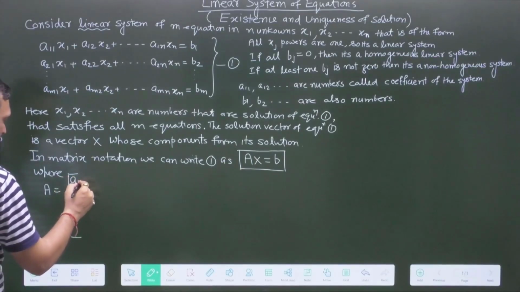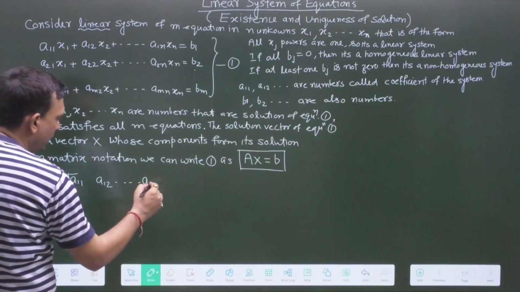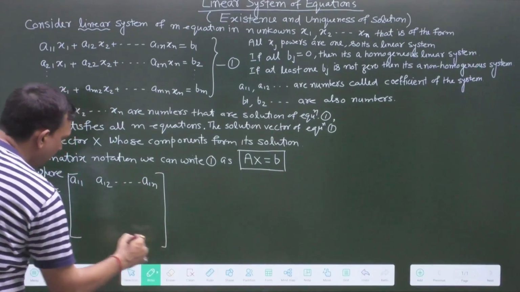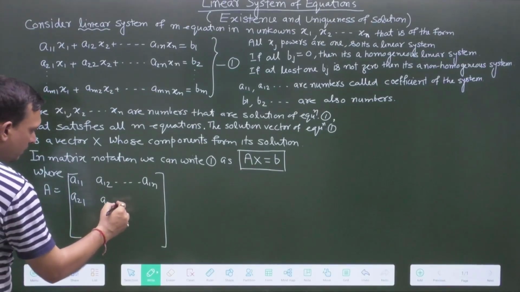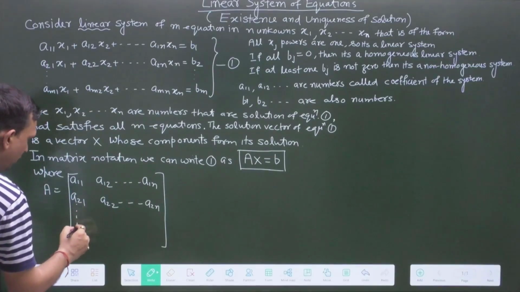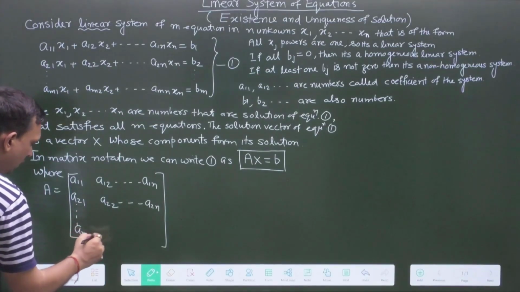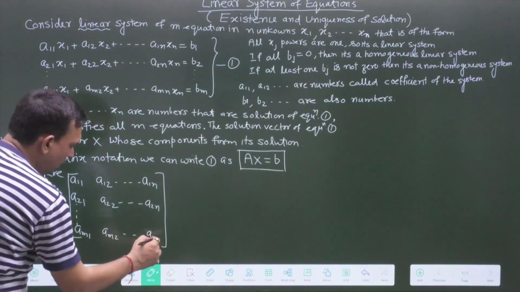This is a11, a12 and so on up to a1n, this is a21 and so on, am1, am2 and amn.